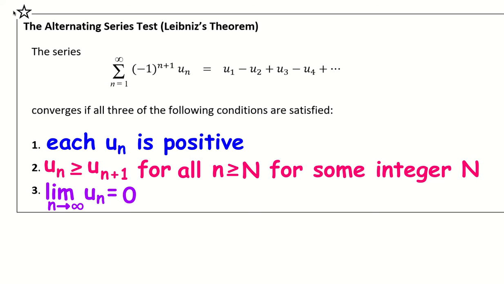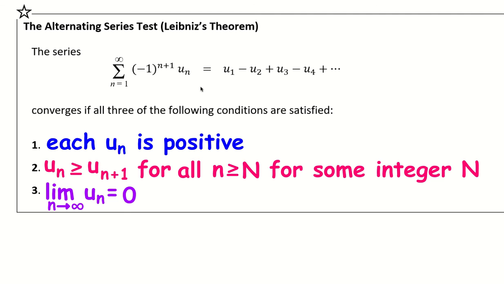The alternating series test is probably one of the tests you want to do if your series is alternating: positive, negative, positive, negative. If your series includes something like (-1) to the n power or n plus 1 power, you might want to think about trying the alternating series test.